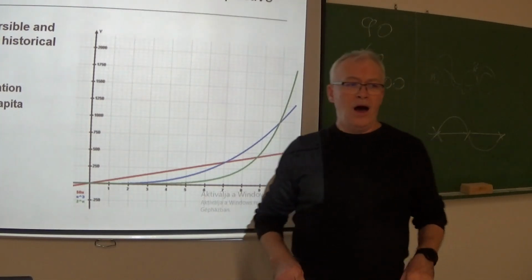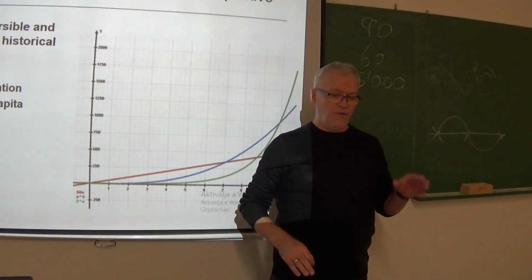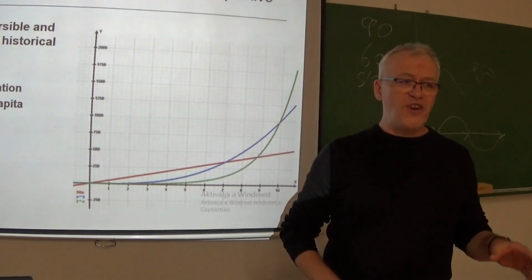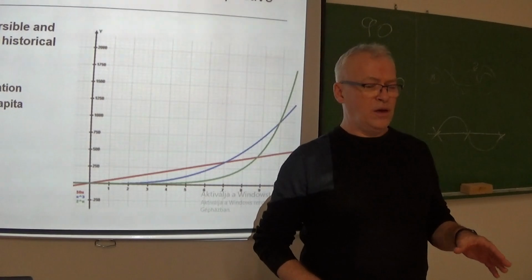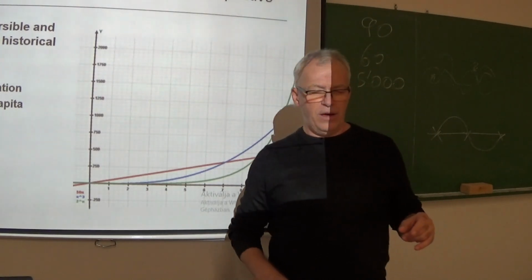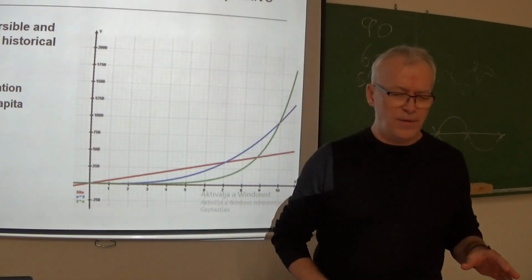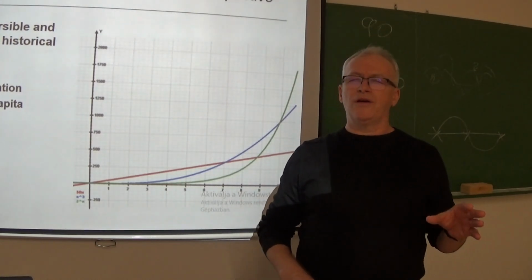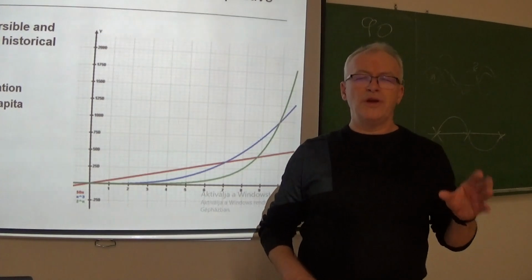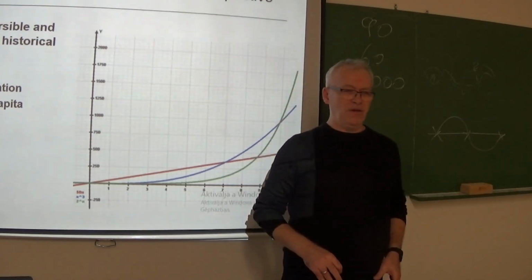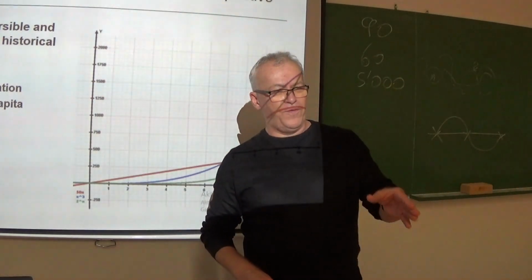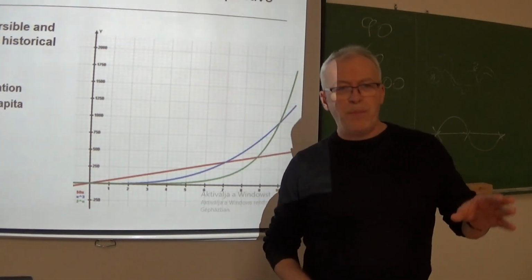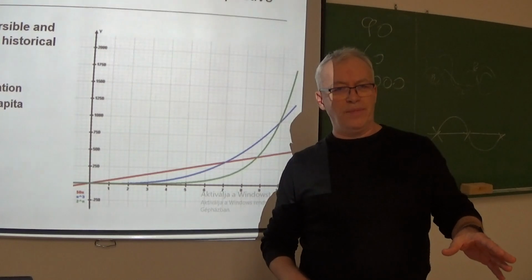But at the beginning of the Christian calendar, the human population is estimated at 300 million. One billion is estimated at the beginning of the 19th century.